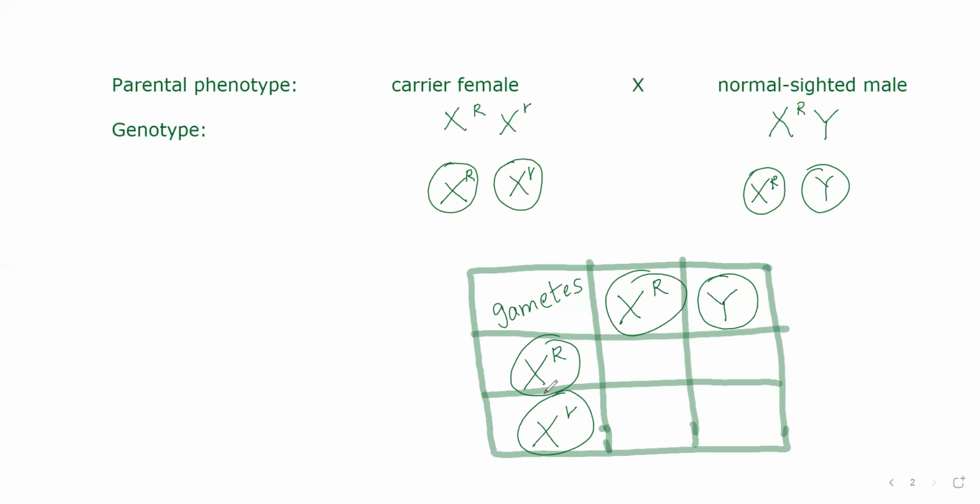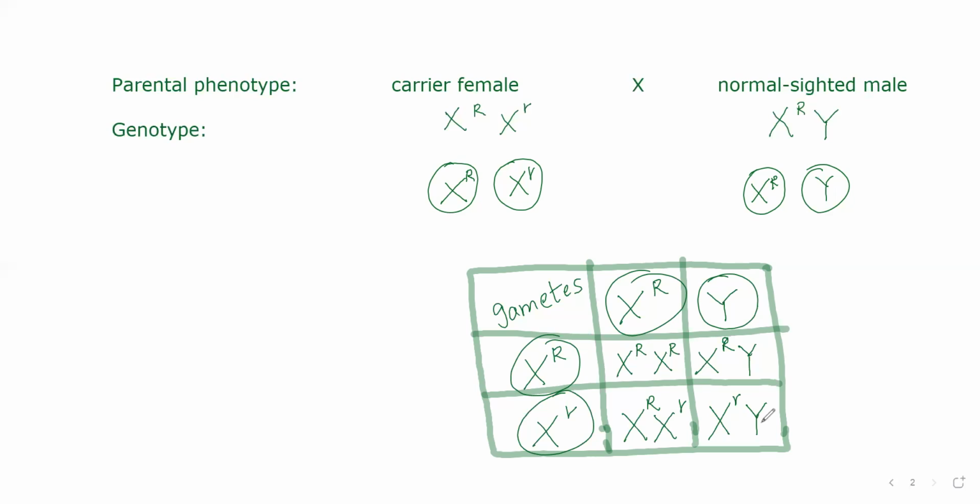Now in the boxes I'll have X capital R, X capital R; then X capital R and Y; then X capital R and X small r; and X small r and Y. All of them are different.